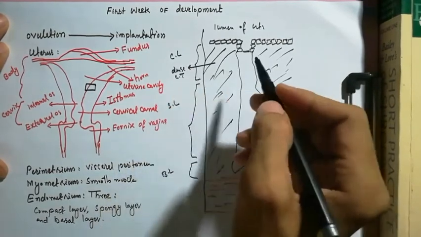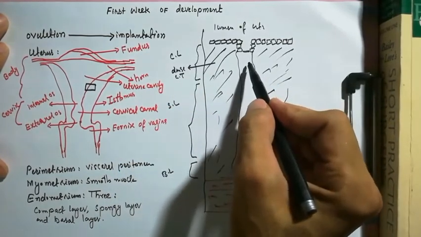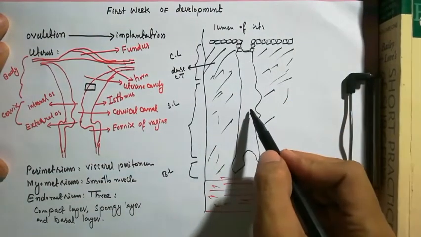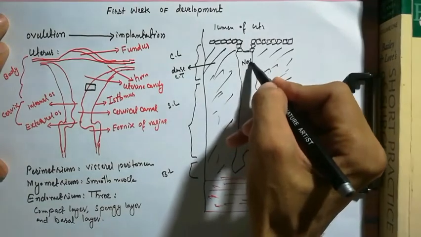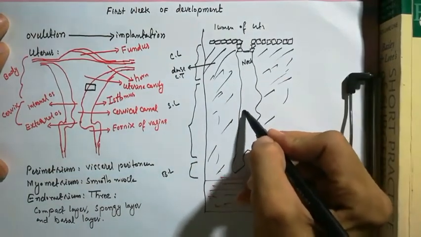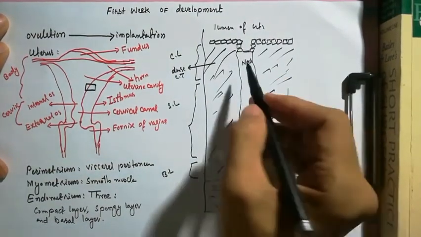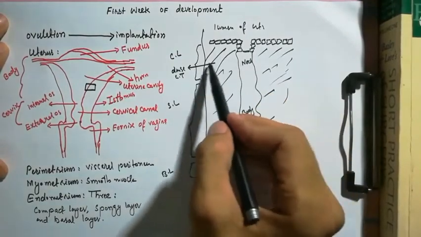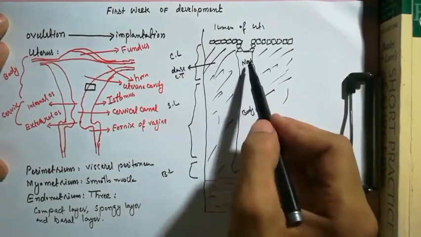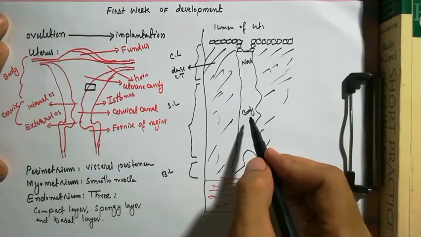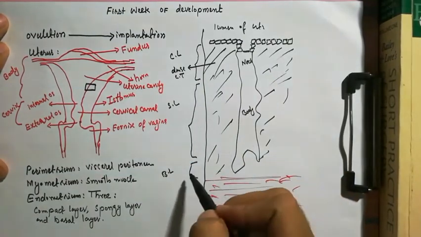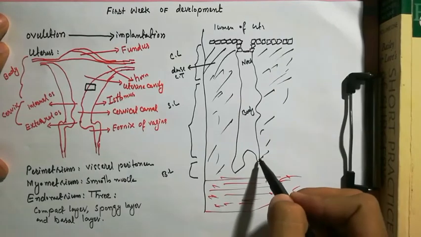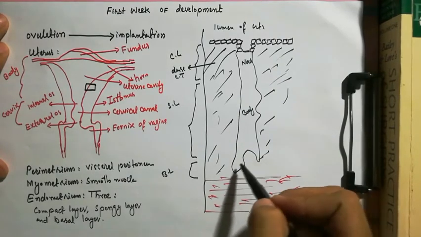This is dense connective tissue. And this is neck of uterine gland. This is body of uterine gland. Neck of uterine gland is present in compact layer, and body of uterine gland is present in spongy layer, and basal layer contain blind ends of uterine gland.